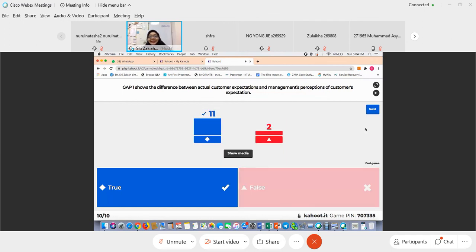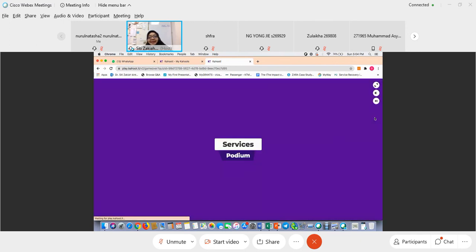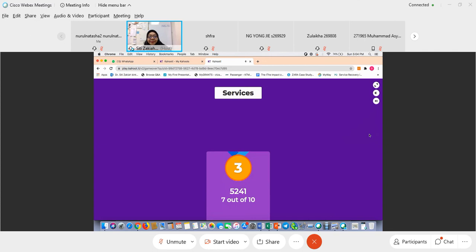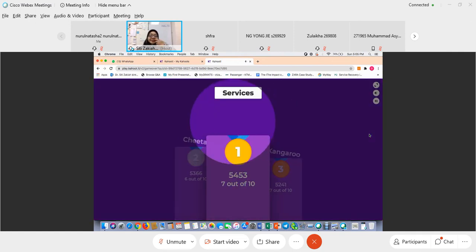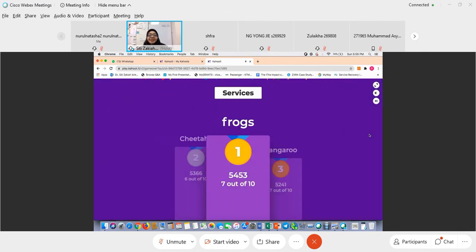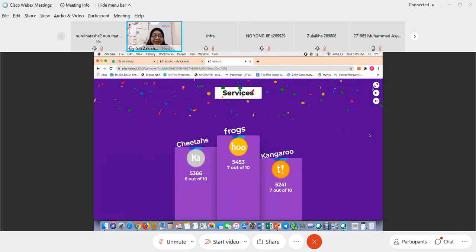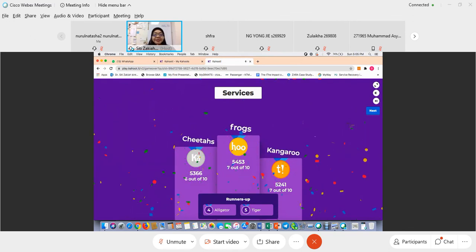True. Okay. Gap 1. The gap between customer expectation and what the manager perceives as the customer expectation. Okay. So let's see who is the winner. Number 3 is kangaroo. Congratulations. Number 2 is cheetahs. The winner is frogs. Okay, congratulations to all of you.